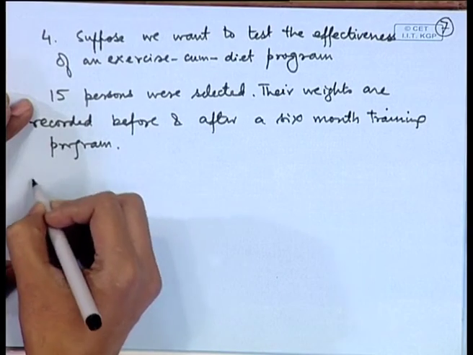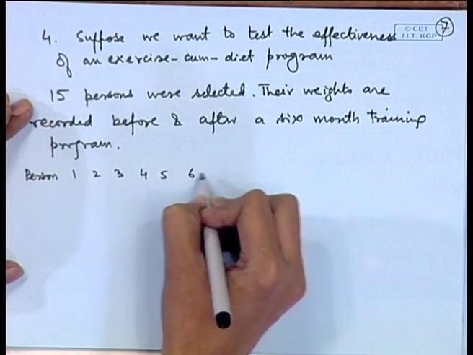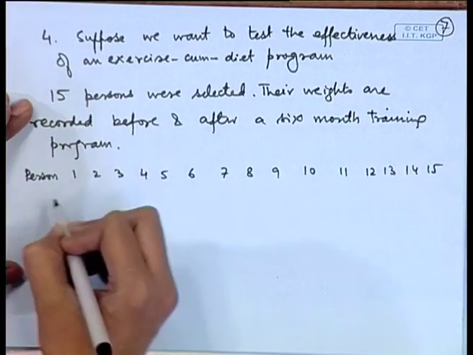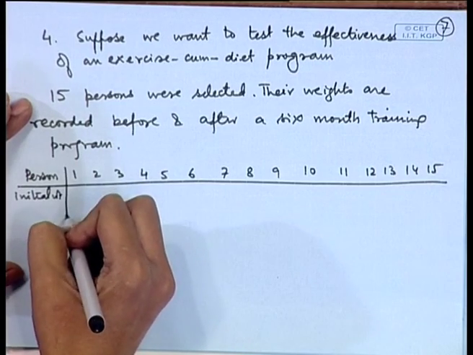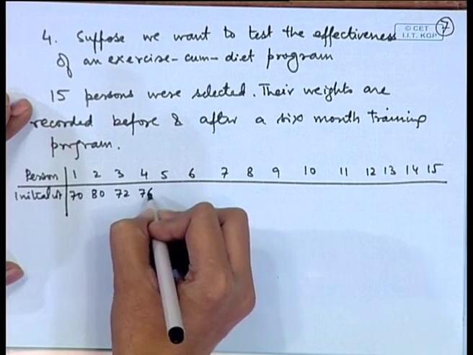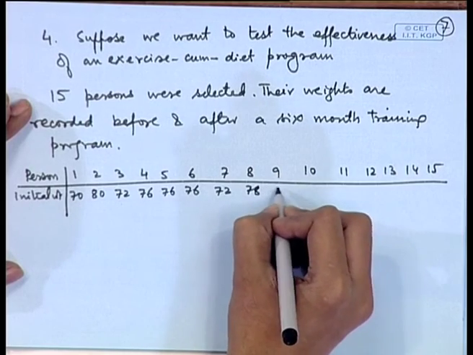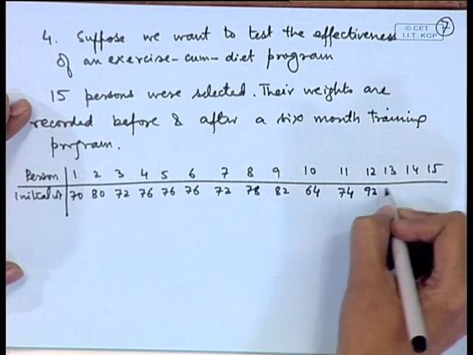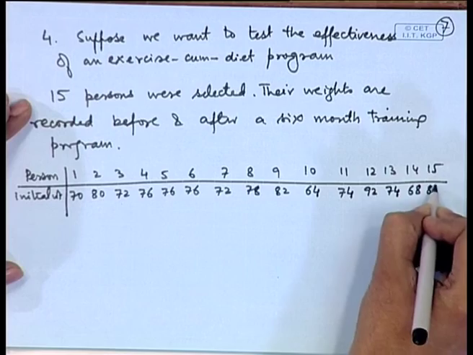Let us see the data, given in this form. We have persons 1, 2, 3, up to 15. The initial weights are 70, 80, 72, 76, 76, 76, 72, 78, 82, 64, 74, 92, 74, 68, 84.